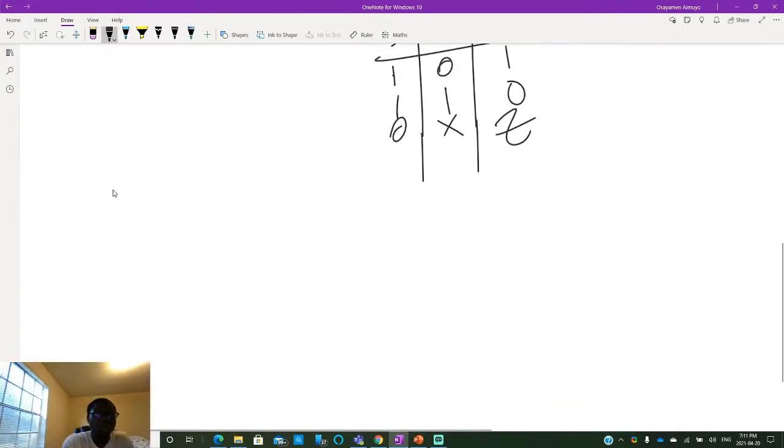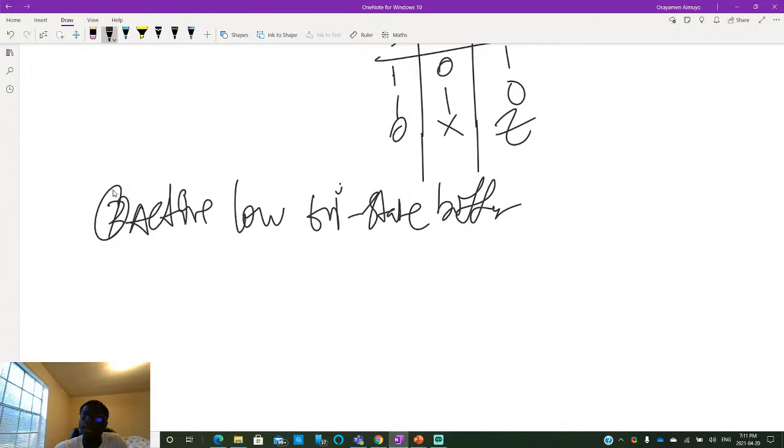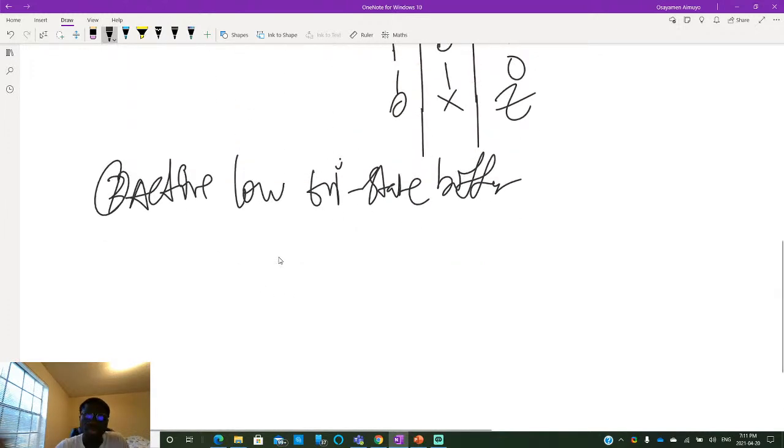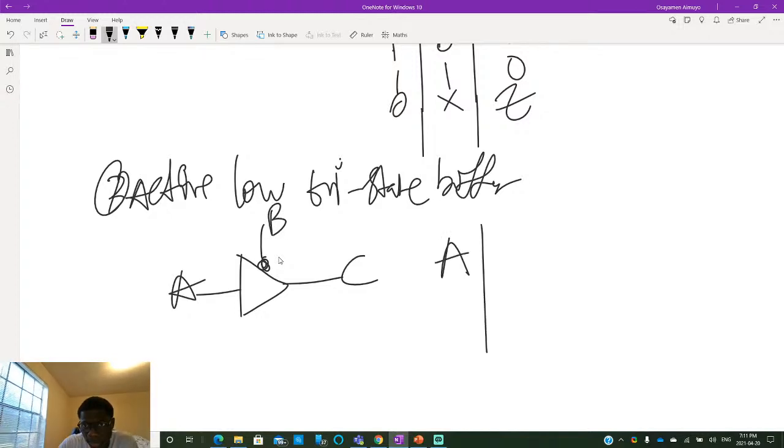And then the third variation is the active low tri-state buffer. How does that look? It's basically something like this. So you have A and B. What's the truth table?